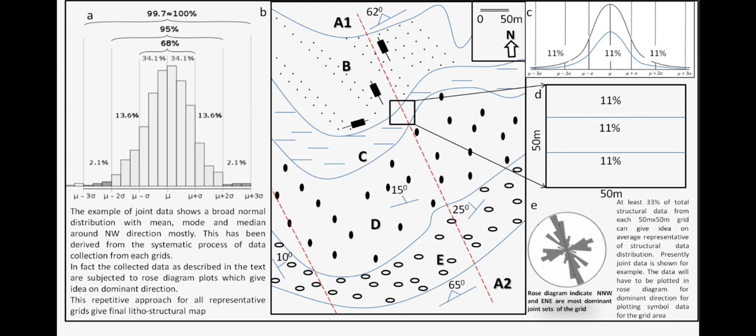So within that pixel, 33% of the data will be covered by 3 lines automatically, as I have shown here. Okay, so this is 1/3 of the actual and well representative of that particular pixel of that particular grid, that is 50 meter by 50 meter, for example in the case of a 1:5000 scale map.